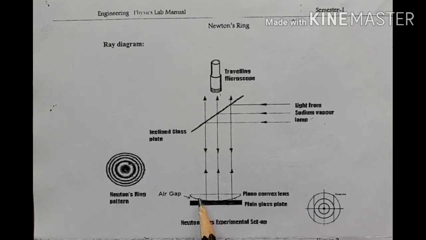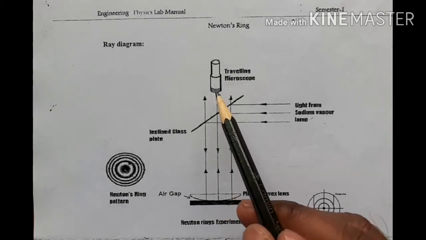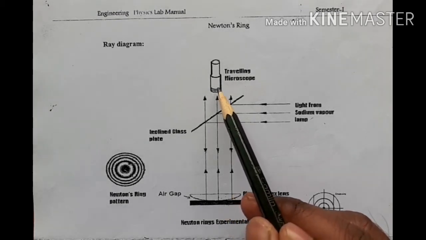This plano-convex lens has one surface plane and another surface convex. Because of this arrangement, we have a narrow air gap over here, and light reflects from this arrangement, and we can view it in the travelling microscope over here.